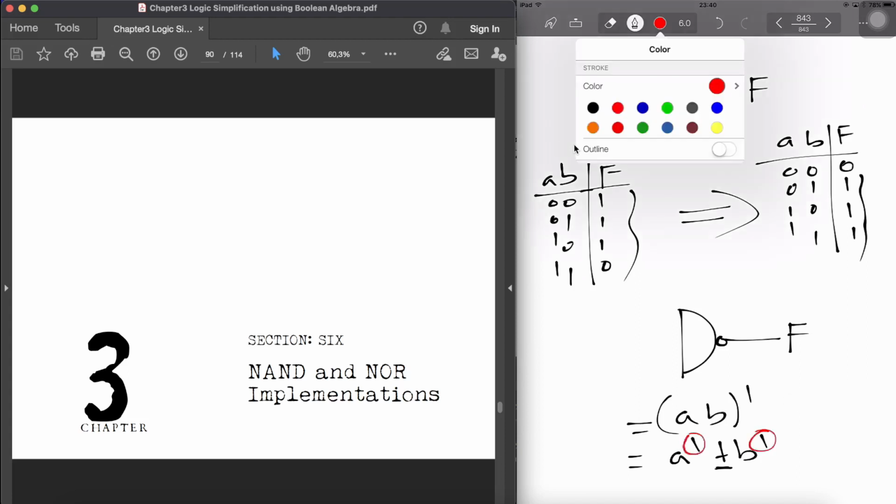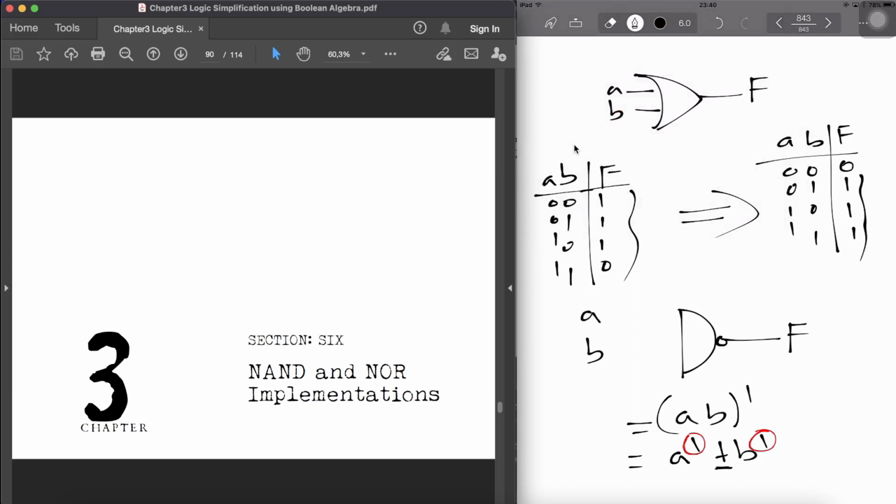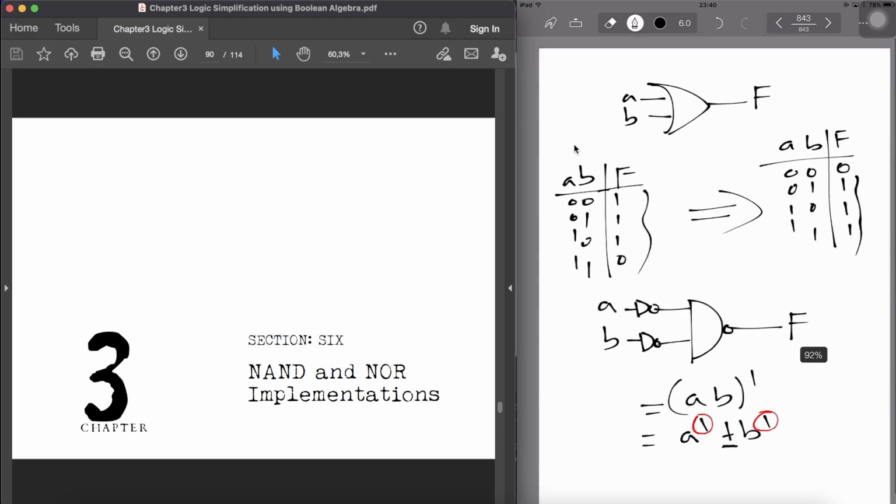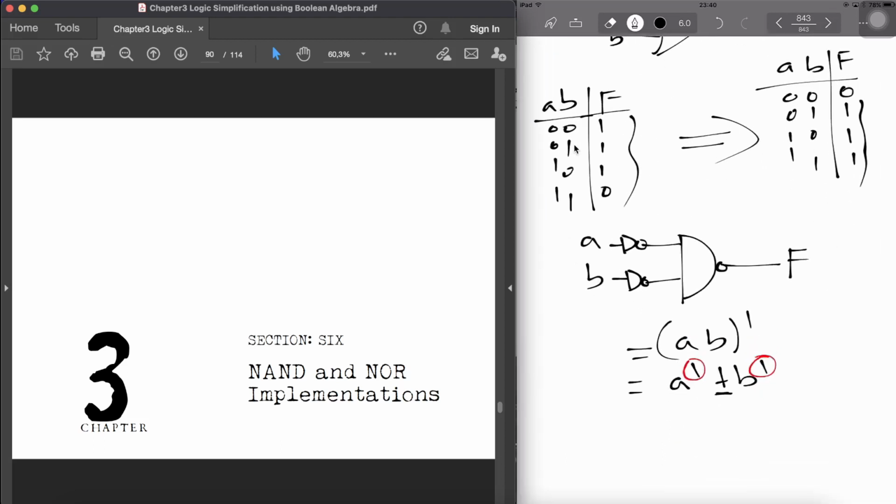So in order to have A and B over here, I just need to take the complement of those and feed into the NAND function. So at this point, this is going to be (A'·B'')'.